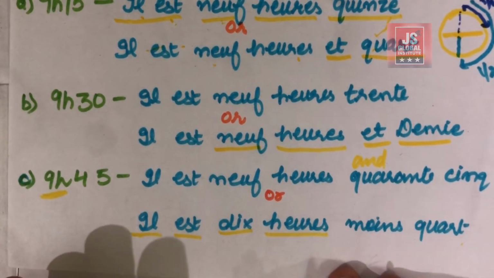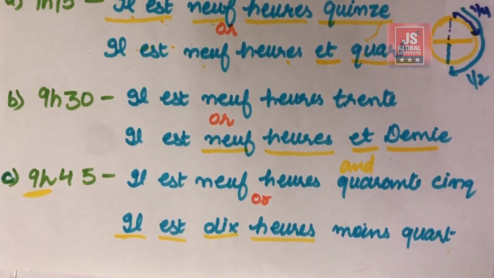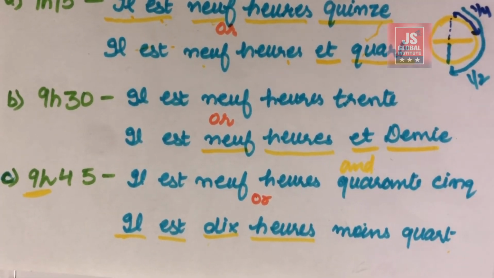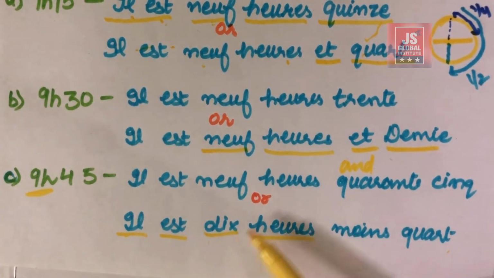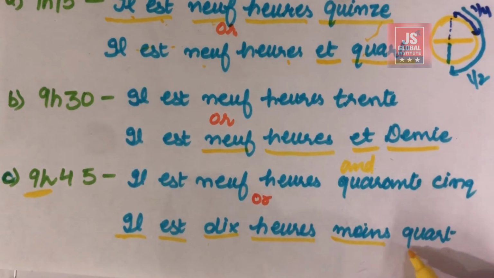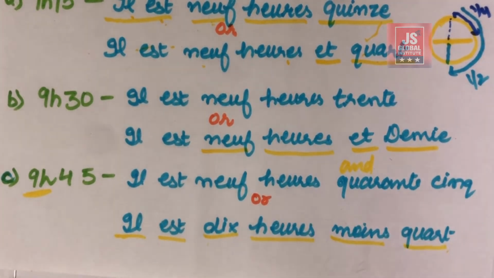The difference is that, in English as well, if someone asked you what the time is, and the time is actually 9 hours and 45 minutes, then you might say 15 minutes to 10. That means 15 minutes are left to be 10. The same is the case here. It is written il est 10 heures moins quart. Moins means minus, and quart means 1/4.